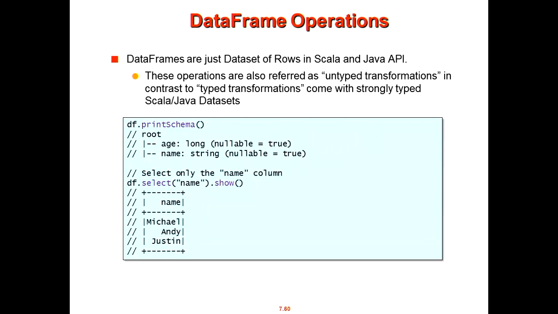Then next, for all kinds of table-relevant operations, you can use data frames. This printSchema will tell you what the schema looks like: age, name, and data type. And we can also just select some columns. So this is select name, given the column name. We only select the name column.